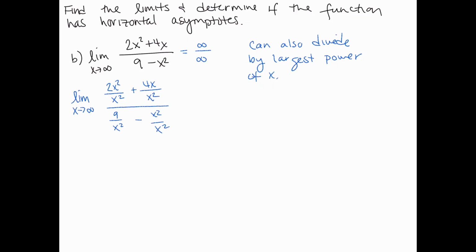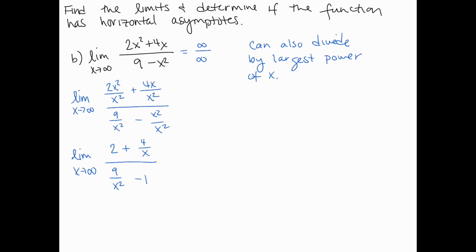So I'm going to go ahead and divide the 2 terms on the top and the 2 terms on the bottom by x squared. So now I have the limit as x goes to infinity of 2x squared over x squared plus 4x over x squared, all over 9 over x squared minus x squared over x squared. We can reduce each of these fractions.